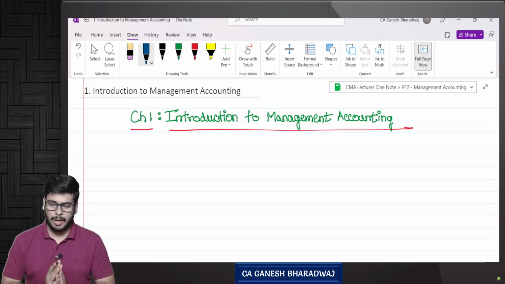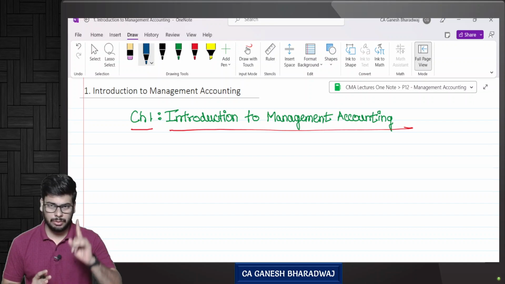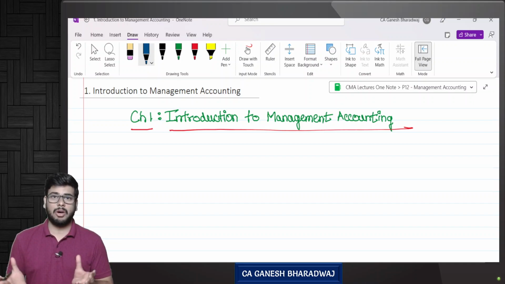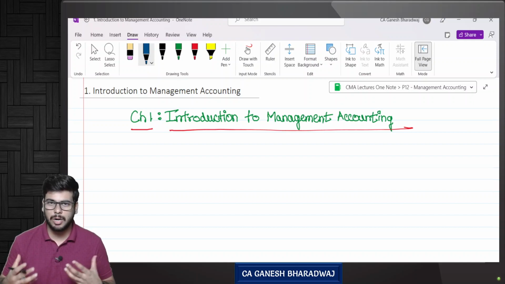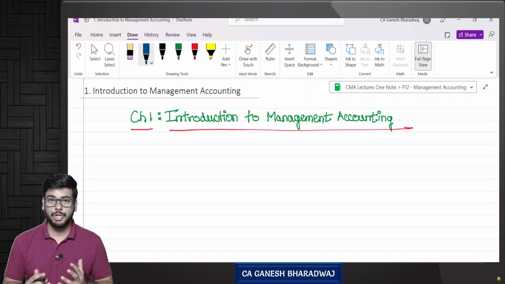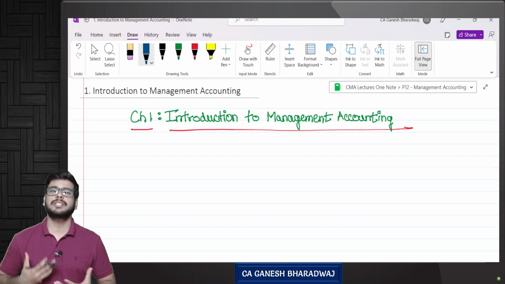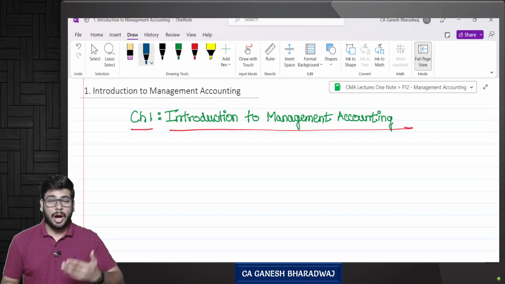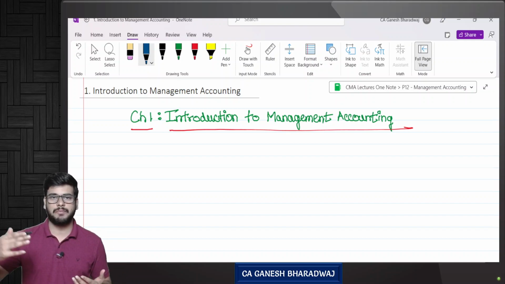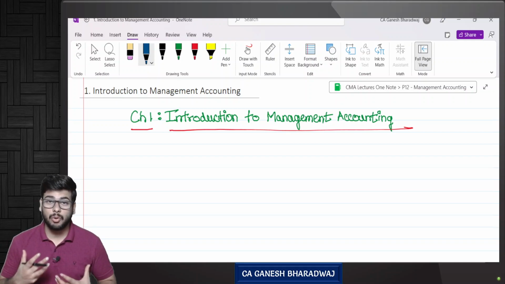First, I want you to understand two things. Number one, just because the first chapter is mostly explained theoretically in words, don't jump to a conclusion that this entire subject is a theory subject. Absolutely not. The first chapter alone, since it is an introduction, has given a lot of things: a background, how this started, the evolution of management accounting, what are the roles of a management accountant in a modern era.